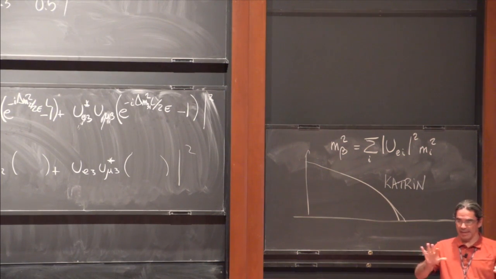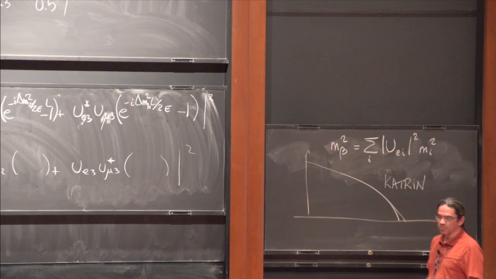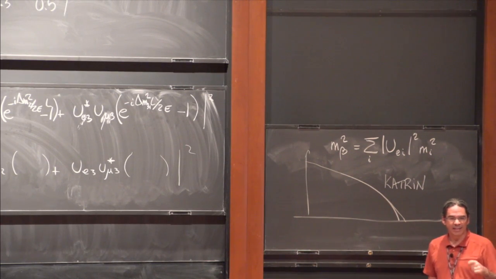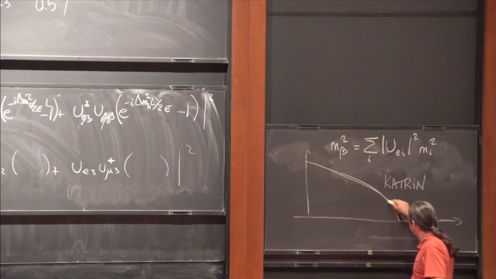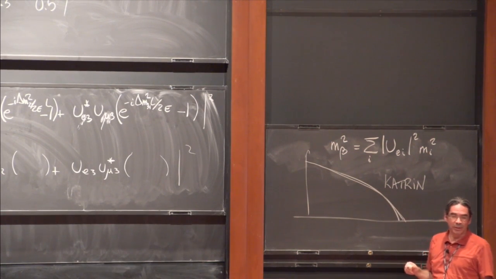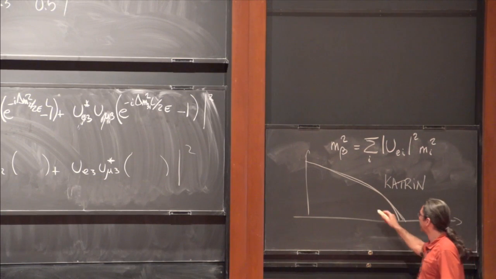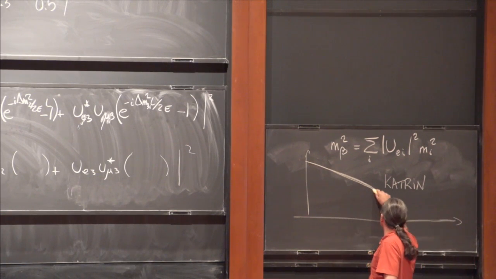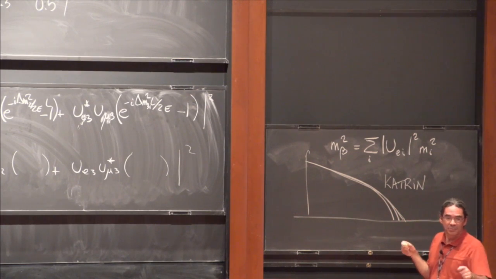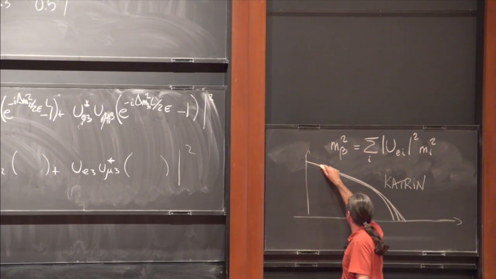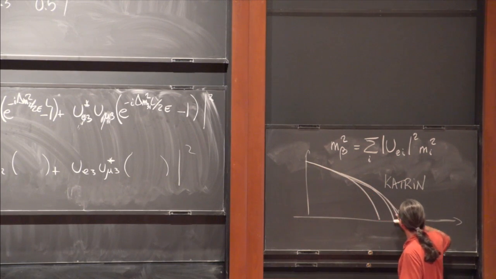Okay, so let's go with that. If you produce, say, a neutrino number 1, let's say that this is the lightest one, then you get a spectrum that looks like this. If you produce a neutrino number 2, which is a little bit heavier, then you get a spectrum that looks like that. And if you produce a neutrino number 3, which is heavier, just for the sake of argument, you would get a spectrum that looks like this.